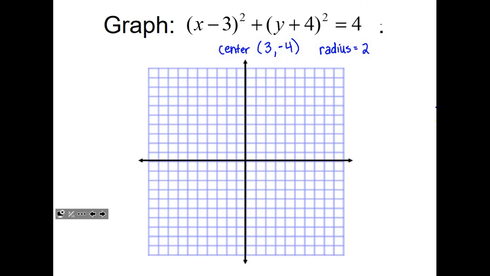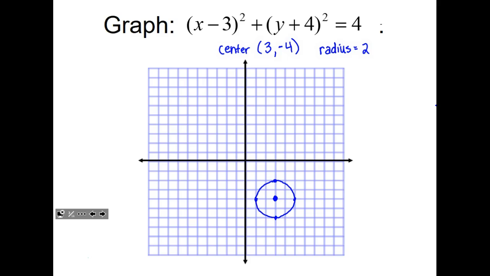So if you need to graph this, you're just going to go to the point (3, negative 4). So (3, negative 4) is right here. That is your center. And if you have a radius of 2, that means you're going to go up 2, and down 2, and right 2, and left 2, and all those points will be on the circle. So we'll draw in our circle as best we can.